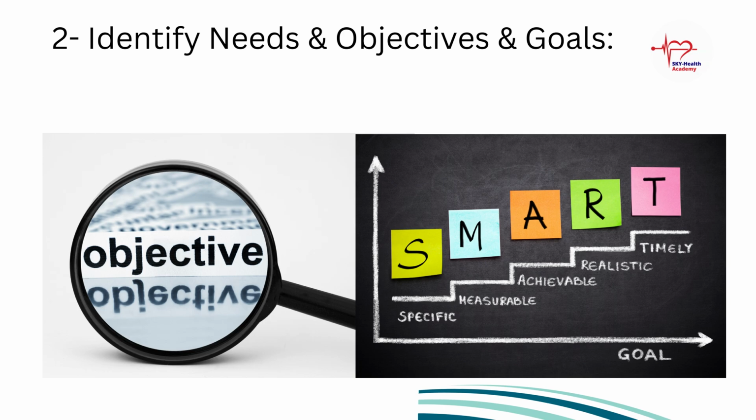Then we come to the second page where you need to be more precise and clear when you mention the needs, objectives, and goals. So here you have to list the primary goals you aim to achieve with this omnichannel strategy. And you need to be specific and use measurable goals like the SMART model.